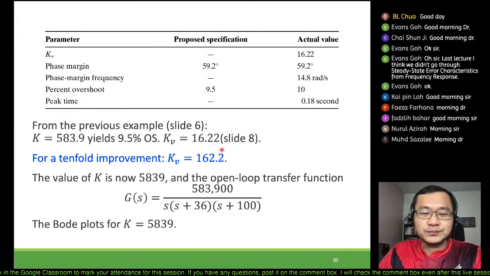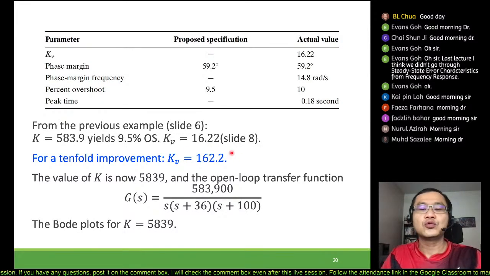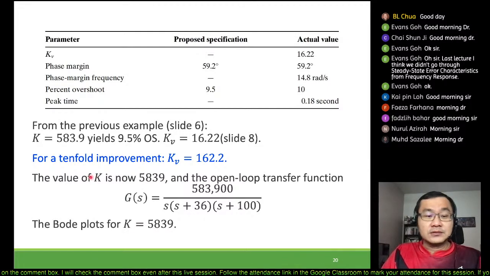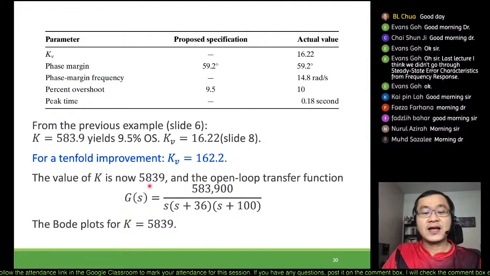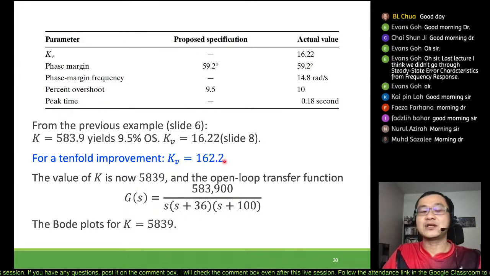So we multiply by 10, and you get Kv equals 162.2. Now the value of K would again be 10 times, which is 5839, so that we get this so-called 10 times improvement.